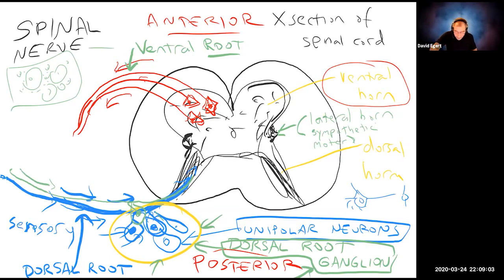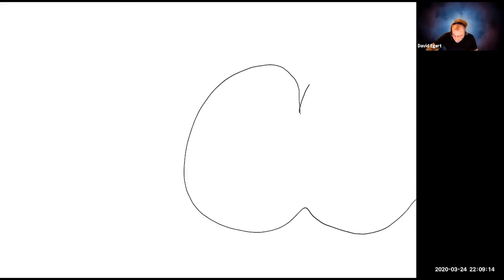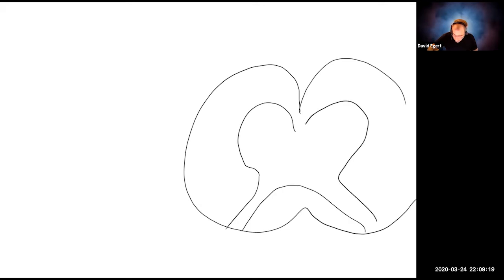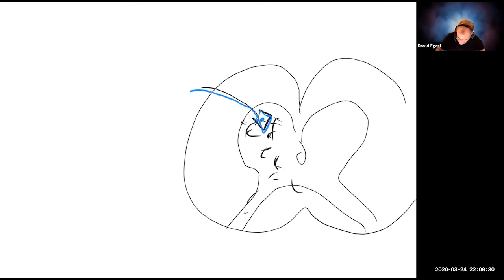So I'm going to take this and redraw it prettier now. So we have, this is my ventral root.